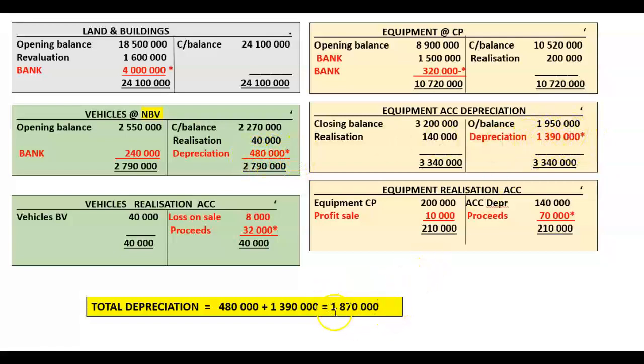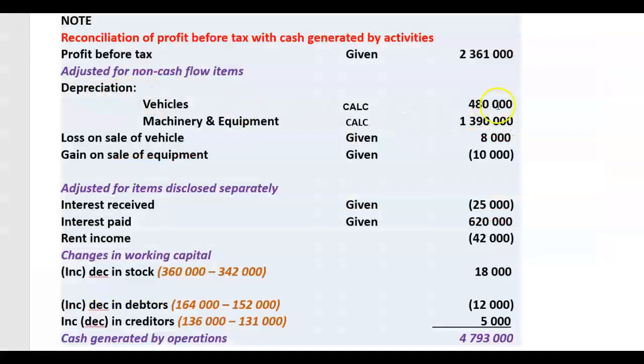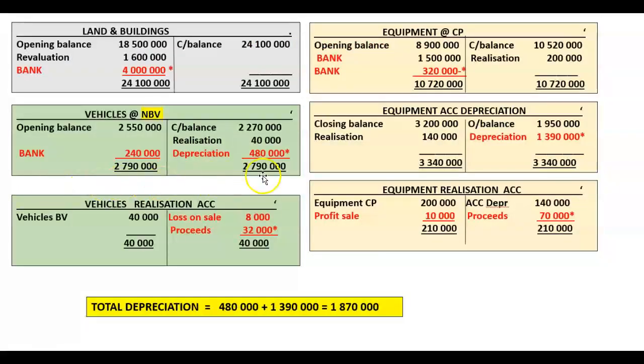So in total, non-cash flow item of 1,870,000. So there's the depreciation, the 480,000 and the 1,390. Then loss on the sale of the vehicle, 8,000. Profit on the sale of equipment, 10,000 Rand.